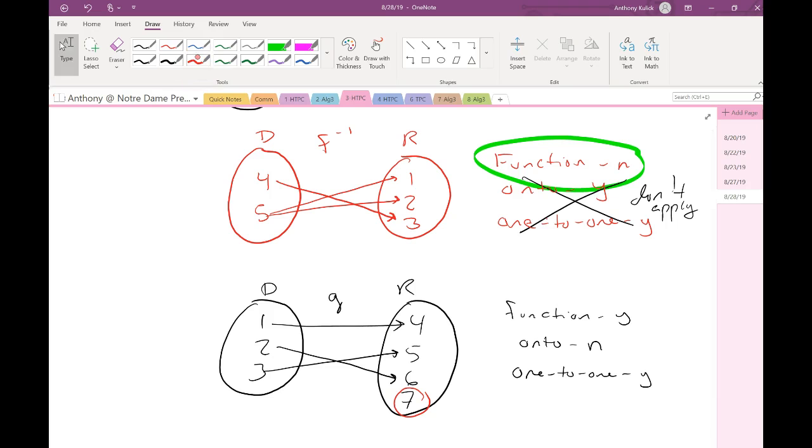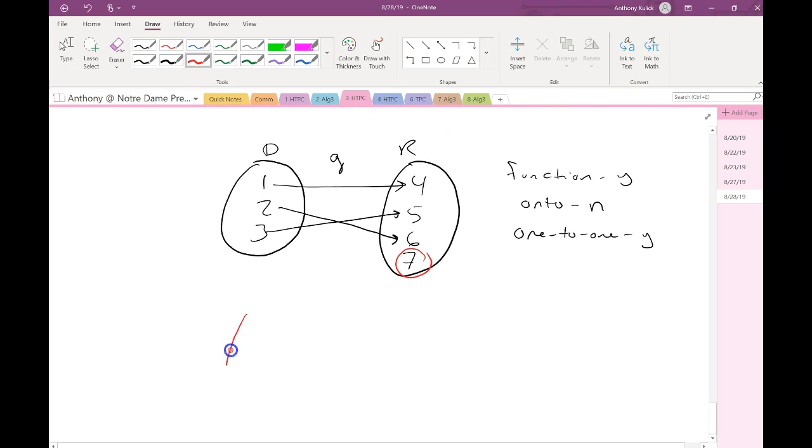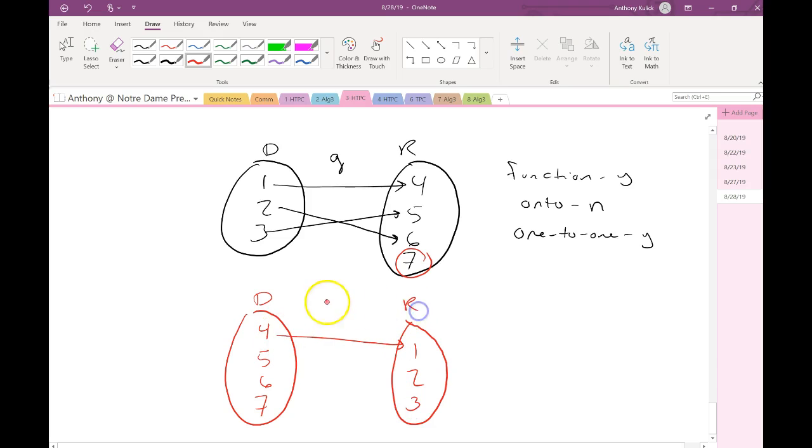Now let's look at G inverse. Is this a function? No. Why not?